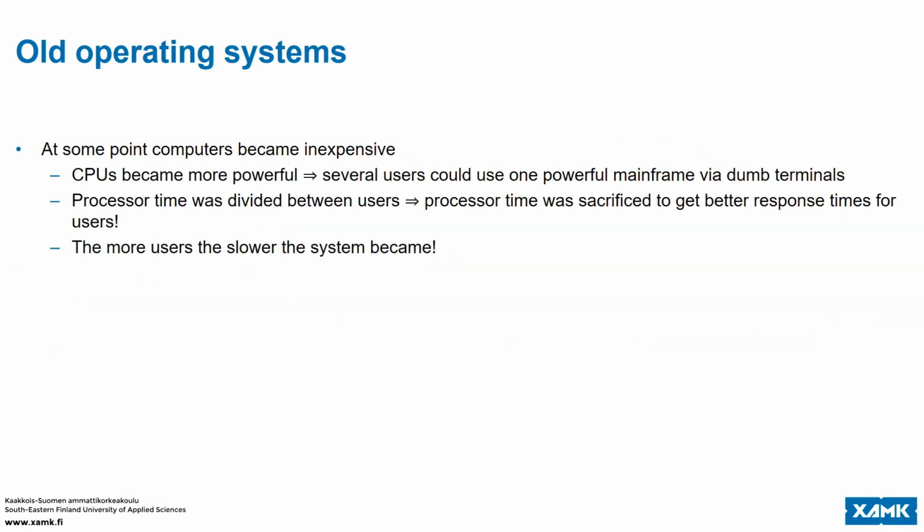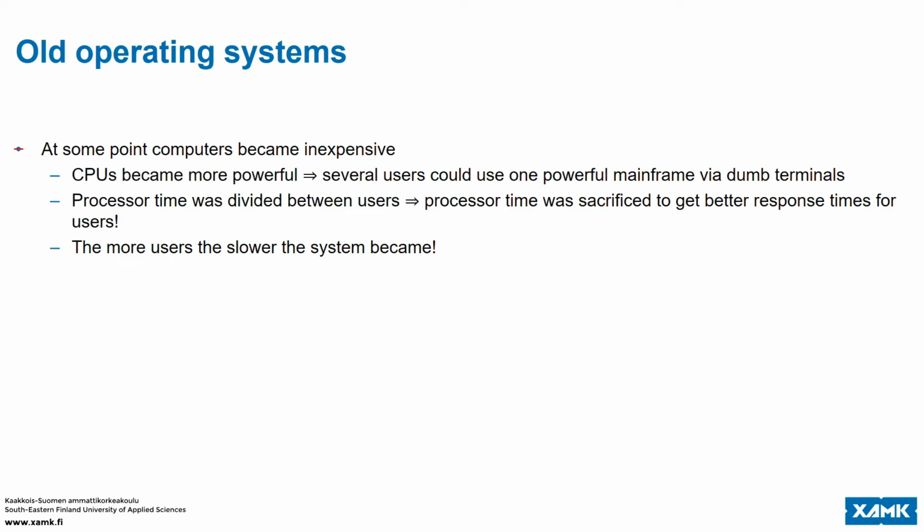Okay, so if we move on to more modern times, at some point in the timeline, computing power, processors, became really inexpensive. CPUs became more powerful, meaning we could have several users use one powerful mainframe computer via those dumb terminals. We could divide processing time between users.